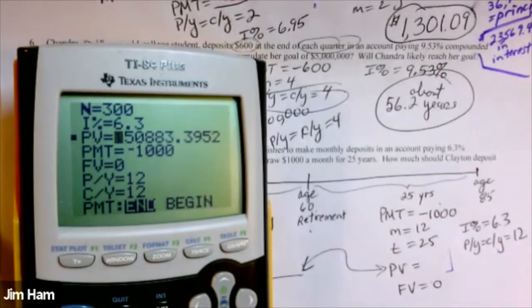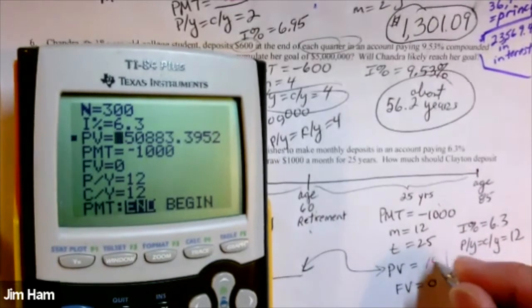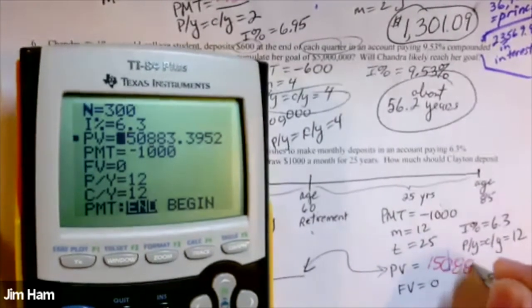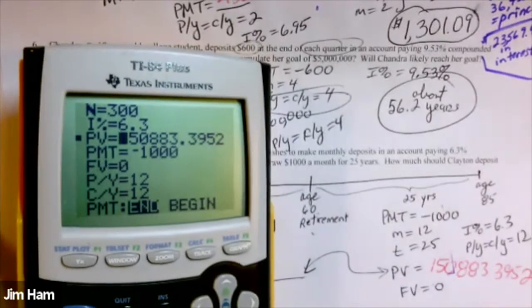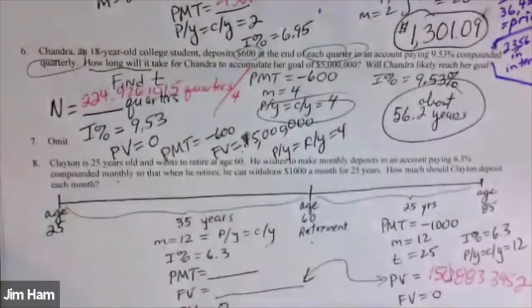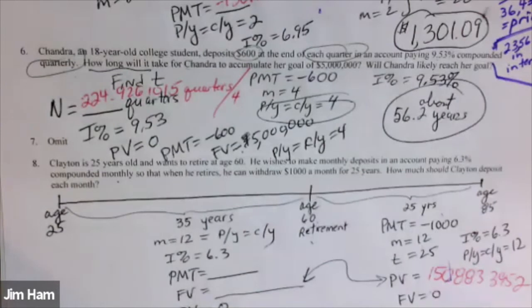And we need 150,883.3952. So we only need 150,000 in order to pay ourselves $1,000 each month for the last 25 years, presumably that we're alive, planning on dying about age 85.